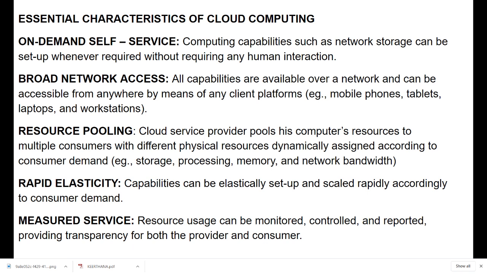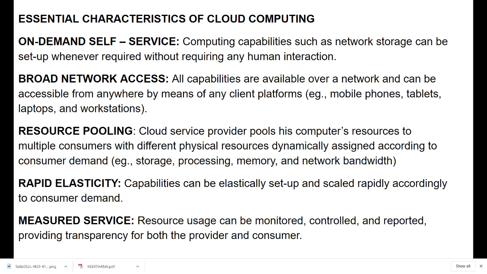Let's see one by one with a good example. We all know how to book a ticket on a travel portal. Using this example, I will explain each of the essential characteristics of cloud computing.